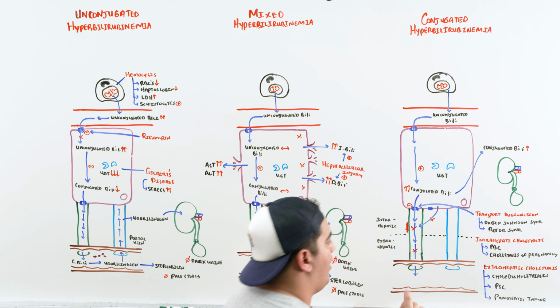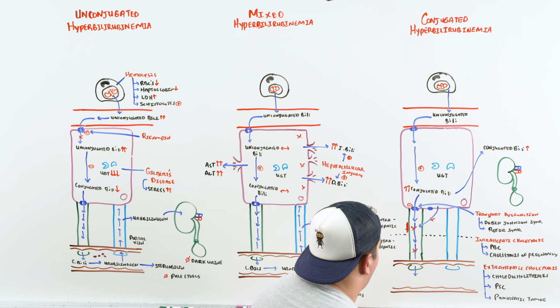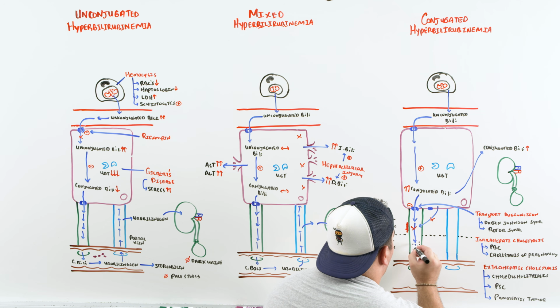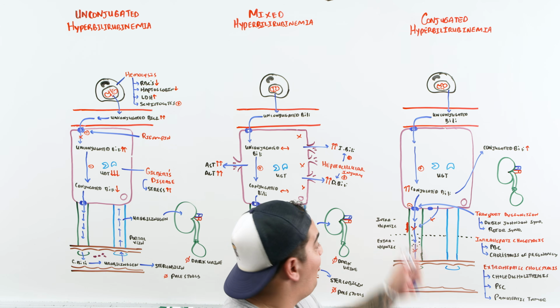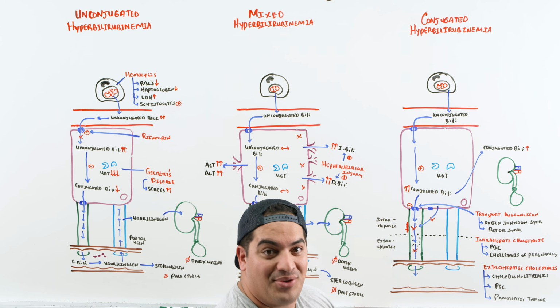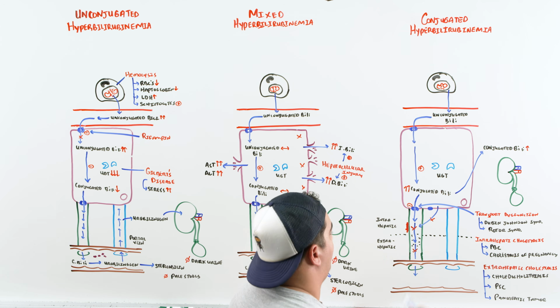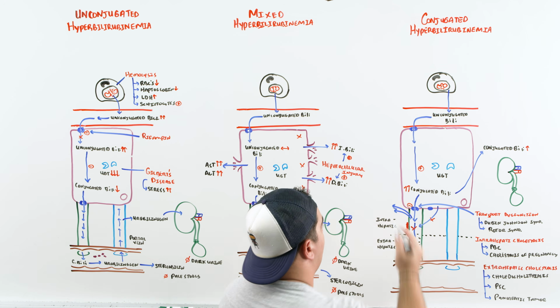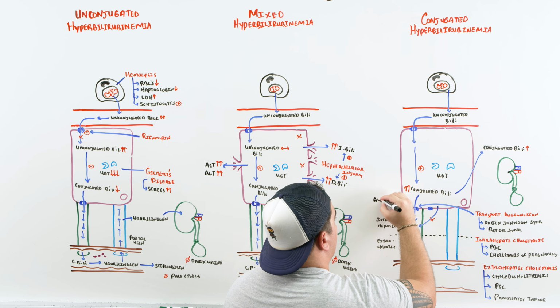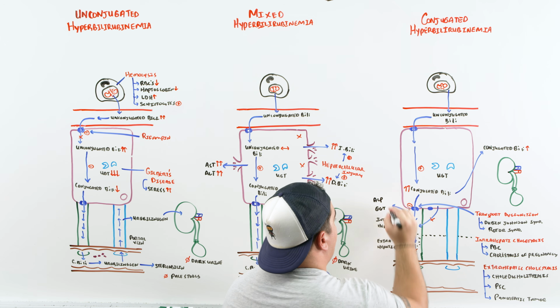What are some of the other molecules in the biliary system that'll also leak out into the bloodstream? You guys remember? Please tell me you remember. These molecules were alkaline phosphatase and GGT.